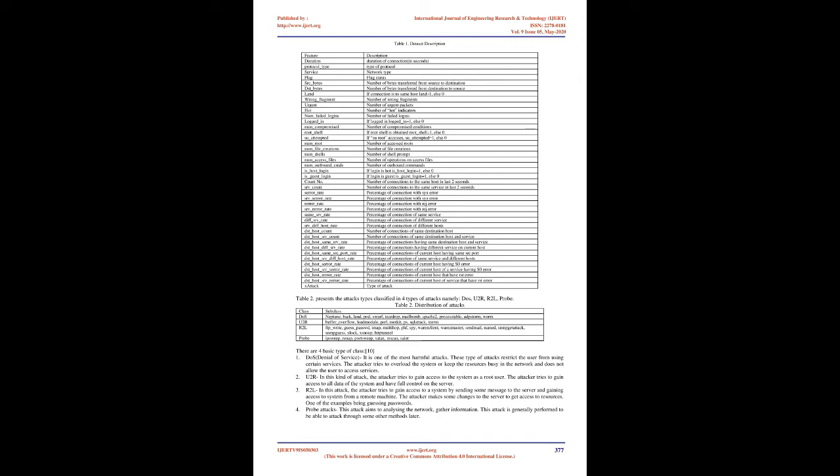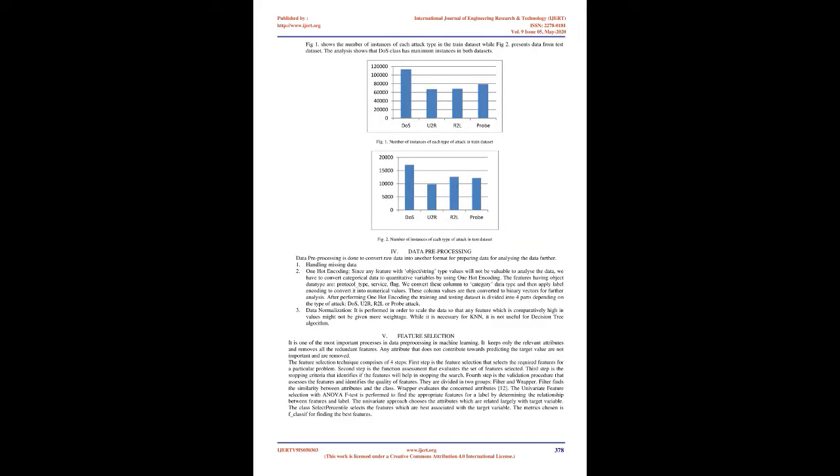same_srv_rate. Percentage of connections of the same service. diff_srv_rate. Percentage of connections of different services. srv_diff_host_rate. Percentage of connections to different hosts. dst_host_count. Number of connections to the same destination host. dst_host_srv_count.